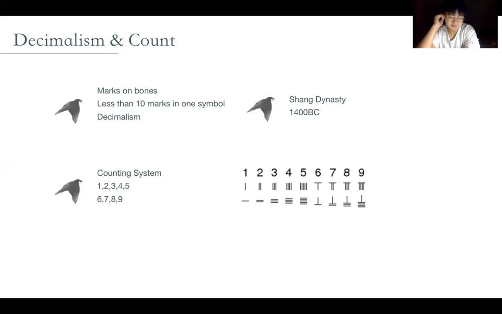Also, in ancient China, people had the concept of 0, but they did not have a symbol to indicate it. So when they needed to write 0, they just wrote nothing. They just left a space after the number before 0.